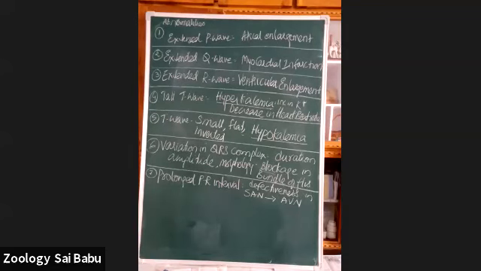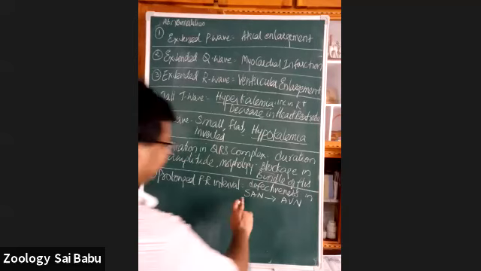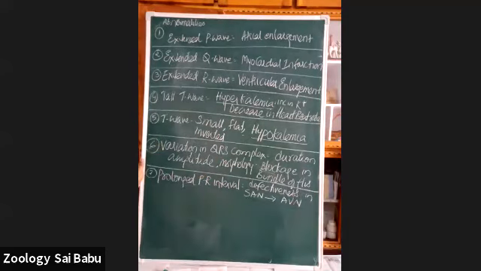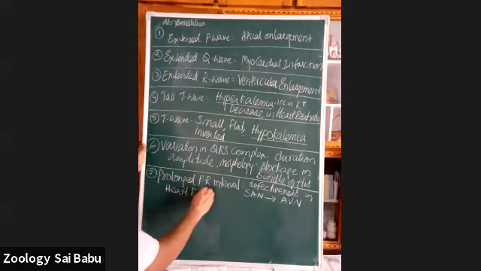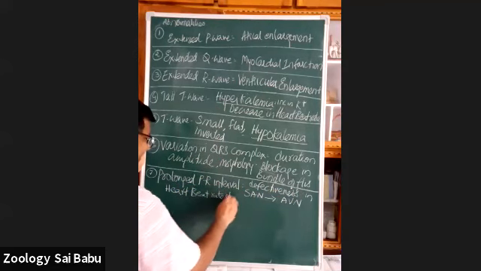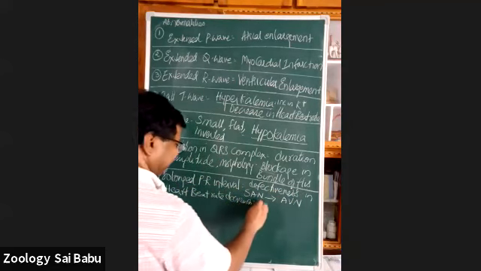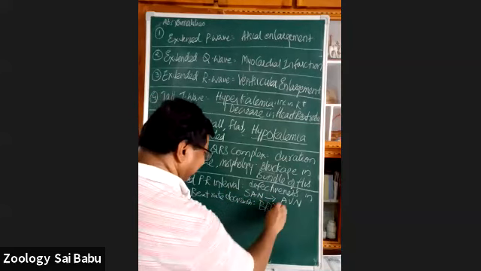That is identified by the prolonged PR interval. Whenever there is a defect in impulse conduction, the heartbeat rate decreases. This is called bradycardia.